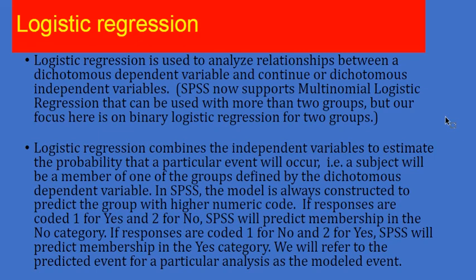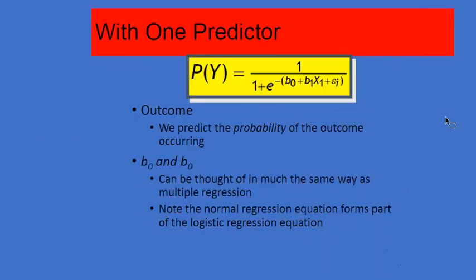If we go into a little more detail, let's represent these things with our equation. Let's first discuss a simpler case, which is the case of one predictor. In the case of one predictor, we can represent P of y with this equation, right? In this equation, the outcome is the probability of the outcome occurring.